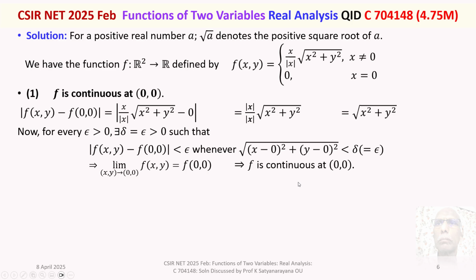Thus f is continuous at 0 comma 0. Thus the option 1 is true. Right. We continue in the next slide for the discussion of the remaining options.